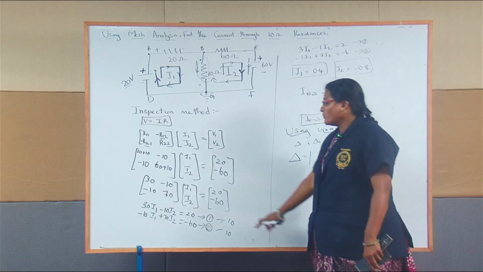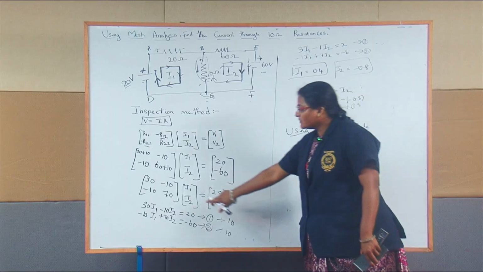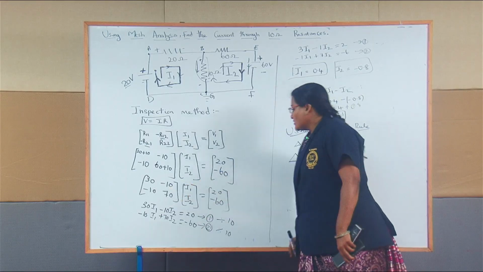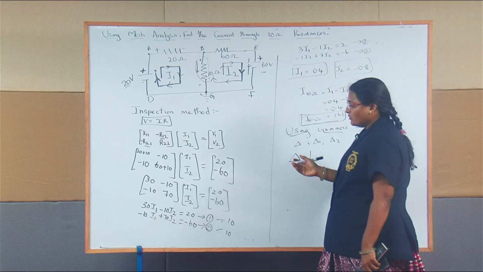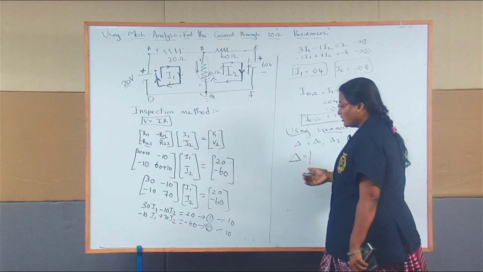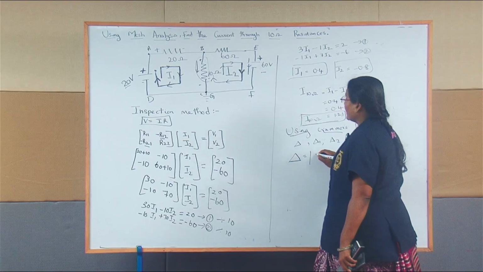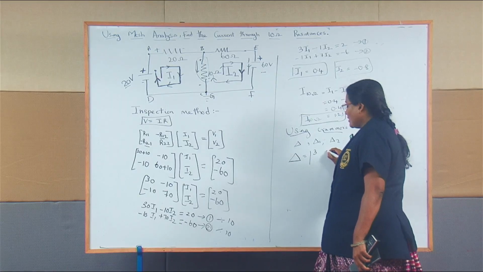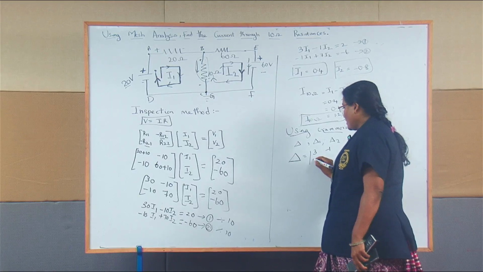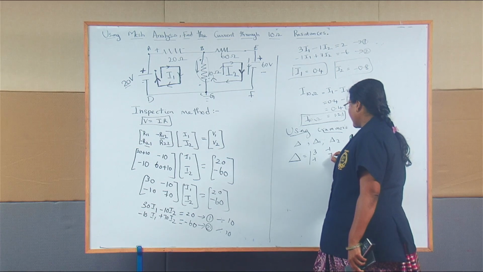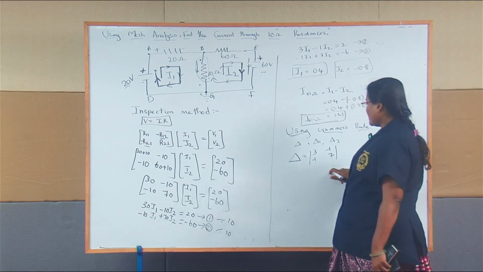you already formed the matrix, you have to take this matrix alone for del. So it is 30, you can divide by 10 there also, it will become 3, minus 1, minus 1, here 7. So this is your del matrix.